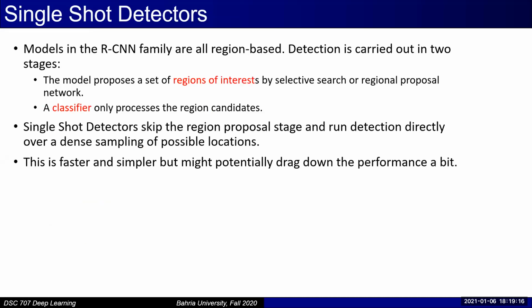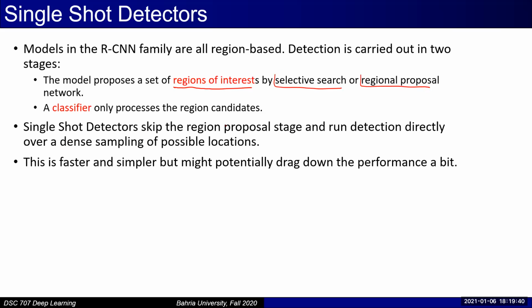So you see, previously we have seen 3 different models in the RCNN family, and they are all region based. What is common in these models is that detection of objects is carried out in 2 steps. The first step generates some regions of interest, either using selective search or using RPN, right?